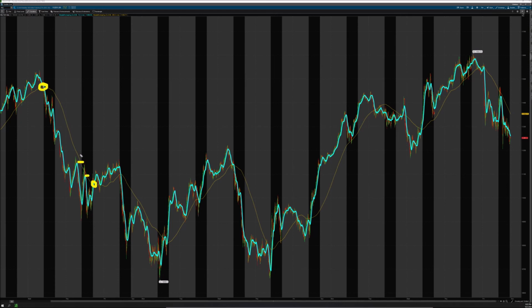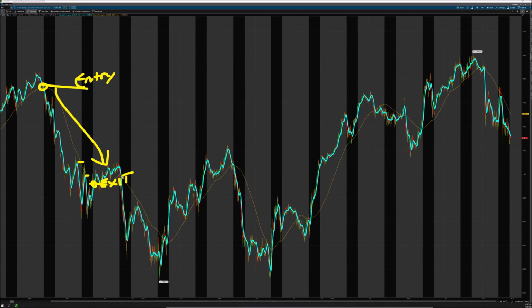So you would have had to either exit some here and then exit some over here, or waited till it crossed again, and you still would have made your entry. And this is your exit. You still would have made decent money on that.